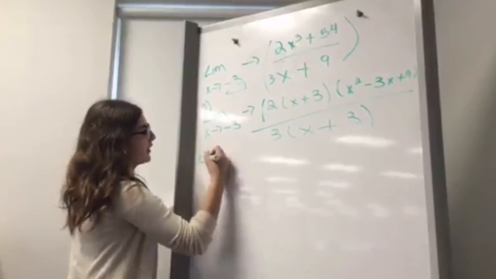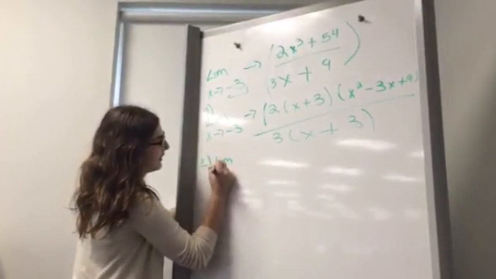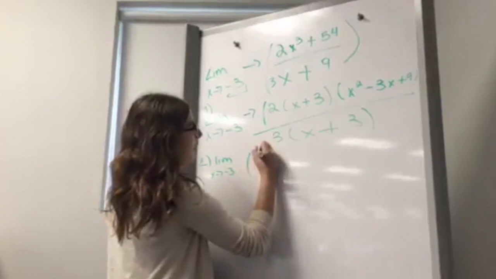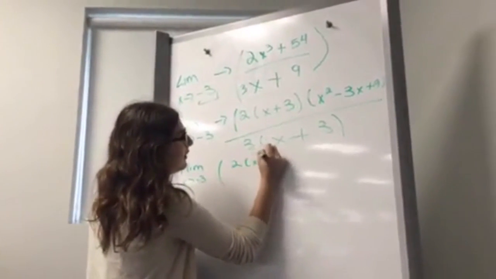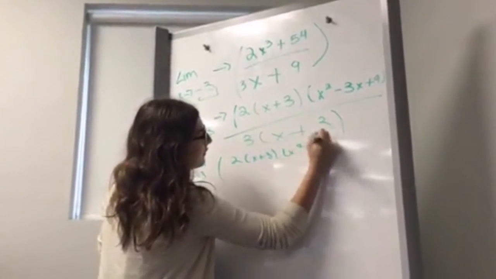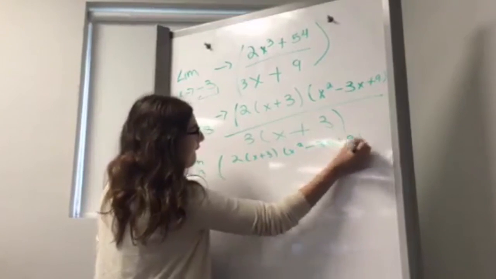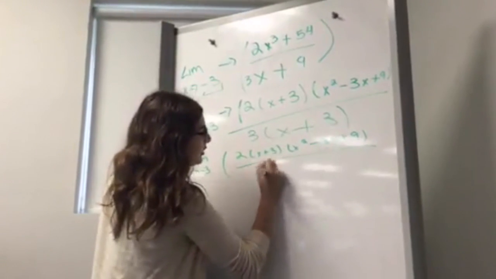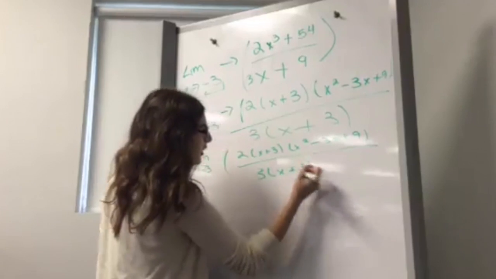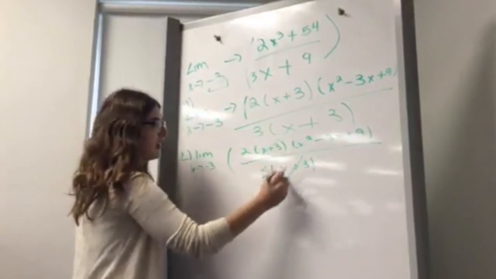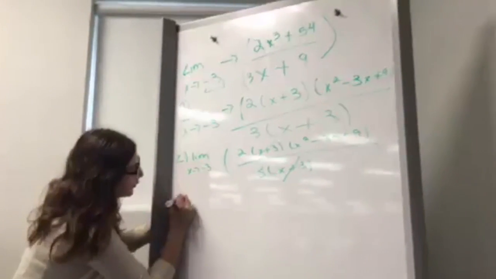And the second step is write it all over again. And 3x plus 3. So you cancel this and you write it again.